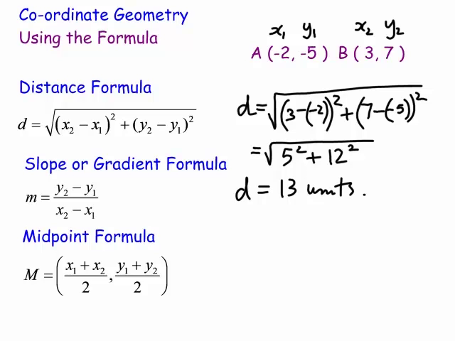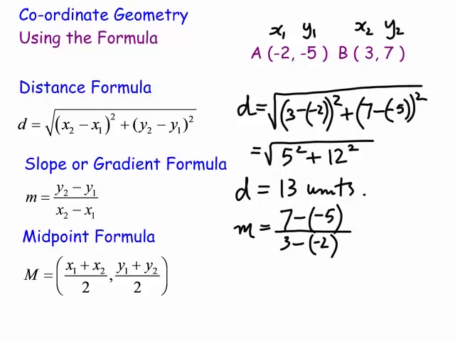Okay, let's look at m, the slope. Little m for gradient. We can see here it is y2 minus y1 over x2 minus x1. Now, putting the numbers in, we have y2, minus y1, which is minus -5, over x2, which is 3, minus x1, which is minus -2.